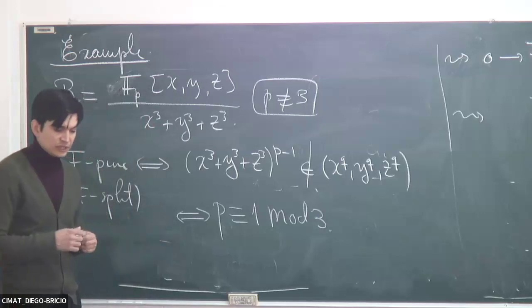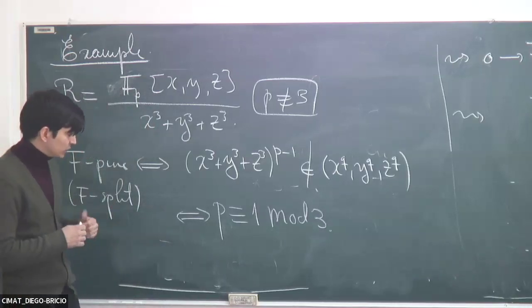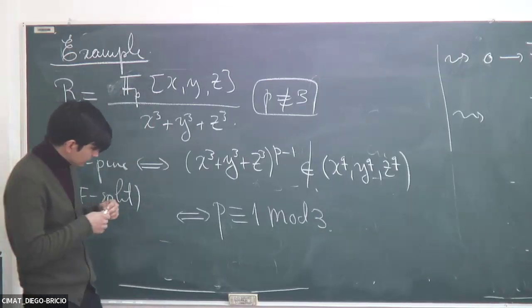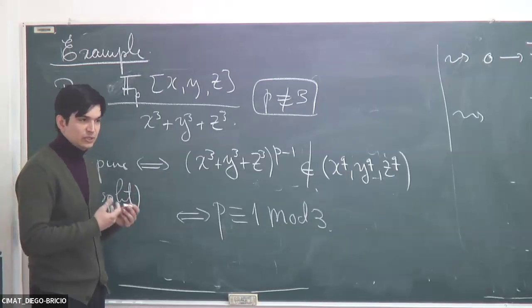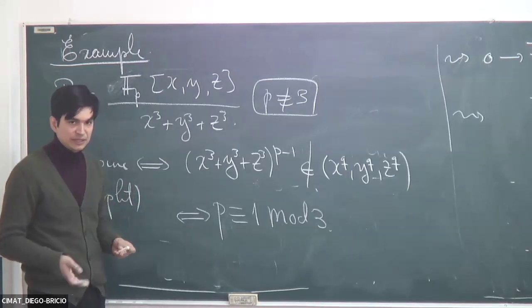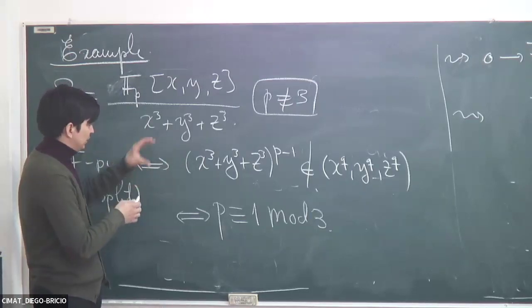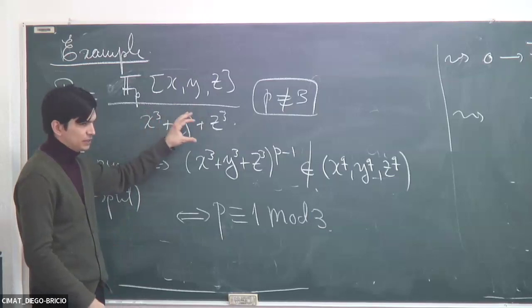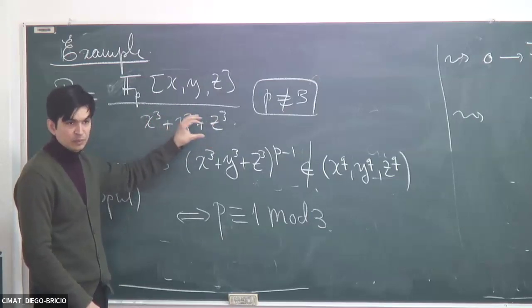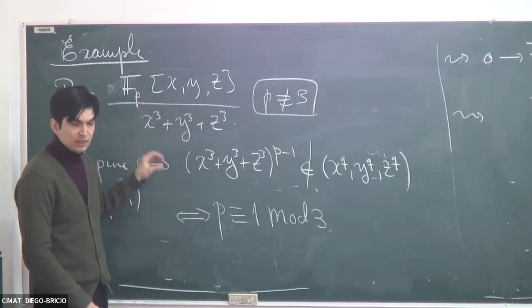It also illustrates another thing that is very important, which is that F-purity is related to something called ordinarity in algebraic geometry. And this is just an example of that. Because here what you have in secret is an elliptic curve. This is supposed to be the equation of an elliptic curve.